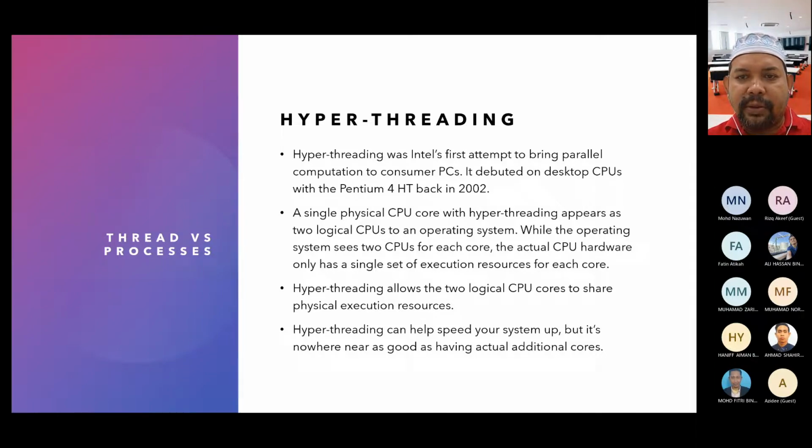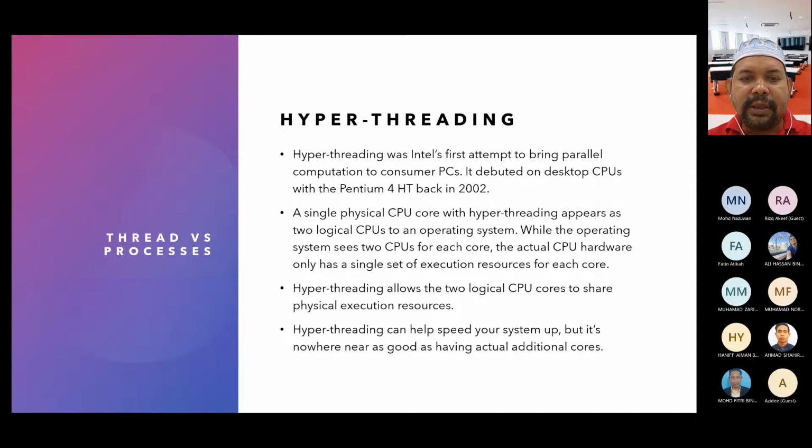It debuted on desktop CPUs with the Pentium 4 HT back in 2002, 20 years ago. A single physical CPU core with hyperthreading appears as two logical CPUs to an operating system. While the operating system sees two CPUs for each core, the actual CPU hardware only has a single set of execution resources for each core.